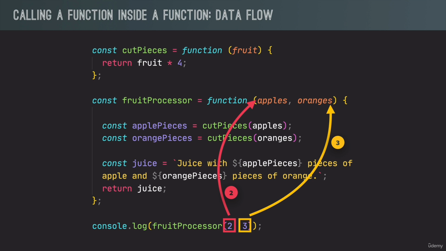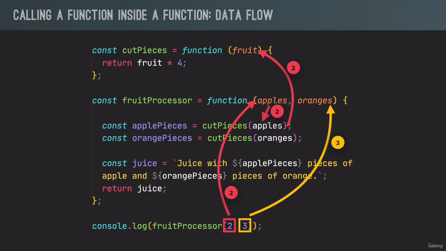And now let's analyze what's going to happen with this apples value. So apples right now holds the number 2. And that value 2 will then be used to call the cutFruitPieces function, right? Now, as we call cutFruitPieces, this 2 is actually the argument for the cutFruitPieces function. And it will basically replace the fruit parameter, so the fruit placeholder. Okay? So now fruit here in this cutFruitPieces function is also 2.